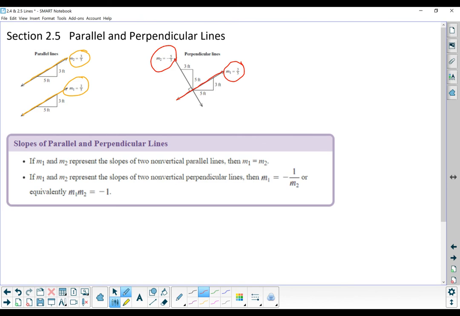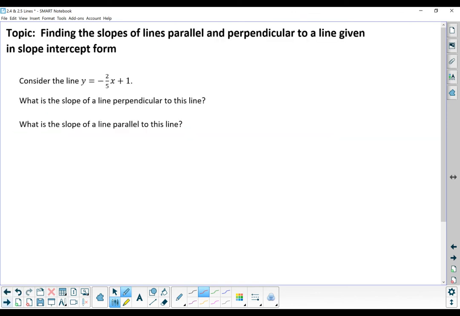So you change the sign and you flip it over to get that perpendicular slope. So for this first line, y equals negative 2/5 x plus 1, the slope of the perpendicular line would be positive 5/2 because the perpendicular line has the opposite sign. So we change it to positive and then we flip it over to get 5/2. A parallel line would have exactly the same slope, so negative 2/5.